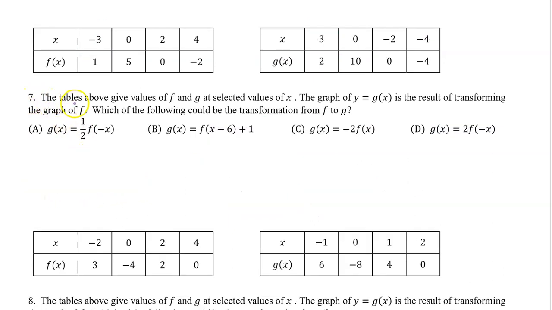Number 7. The tables above give values of f and g at selected values of x. The graph of y equals g of x is the result of transforming the graph of f. Which of the following could be the transformation from f to g? So we are again going from here to here. Look at how -3 transforms into +3.